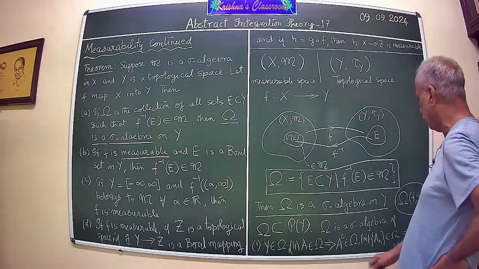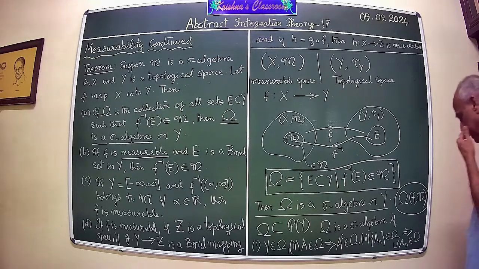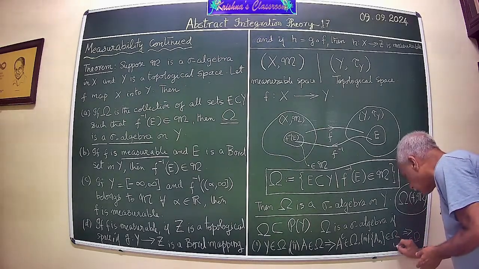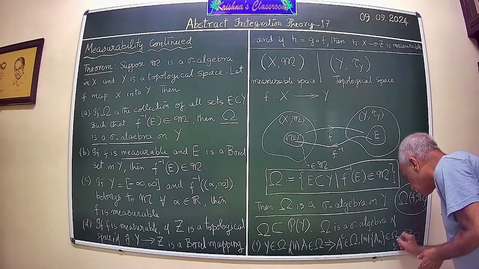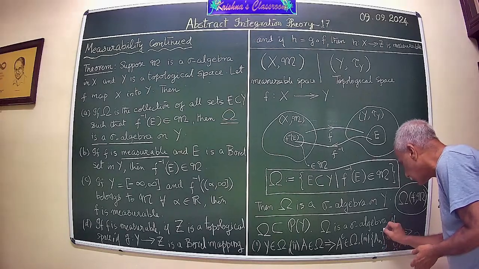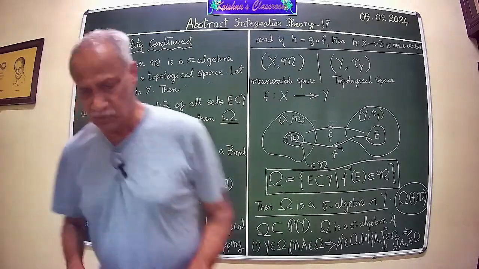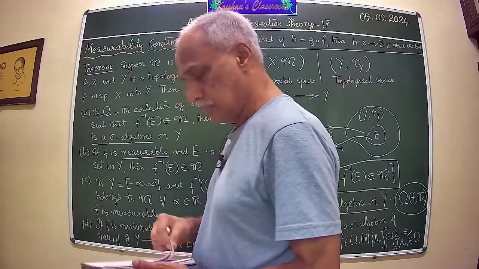That means a countable union of sets in omega is in omega. So first of all, Y is in omega; A is in omega implies A complement is in omega; a countable collection of subsets of omega belongs to omega, then their union is also in. These are the three things that we have to prove. Okay, let's start proving one by one.